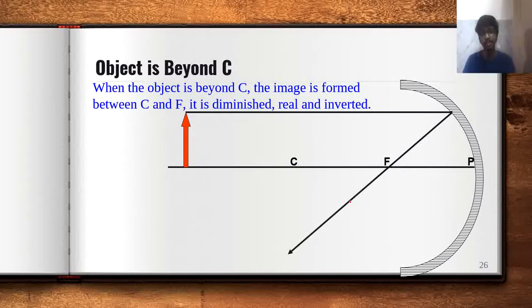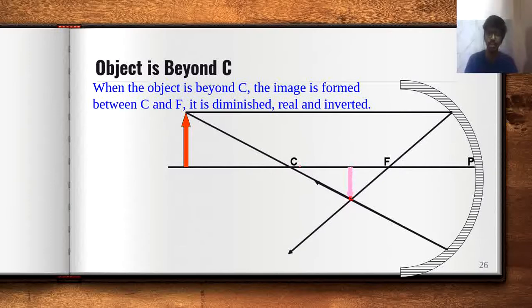What will be another incident ray and the corresponding reflected ray? What is the next point after the object? That is the center of curvature. So just consider a line passing through the center of curvature. And what will be the reflected ray? The same path in the opposite direction. So this is the point of intersection and this is the image formation.